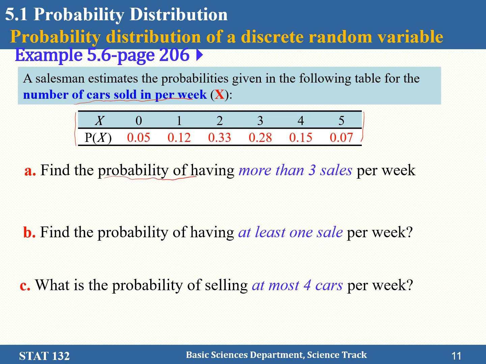Find the probability of having more than 3 sales per week. So now let's write it as the probability function, the probability of X, the random variable, being more than 3 cars sold. More than 3 sales means the number of cars sold per week is bigger than 3. So in a discrete probability distribution, you have to count all the values of the random variable which are bigger than 3.